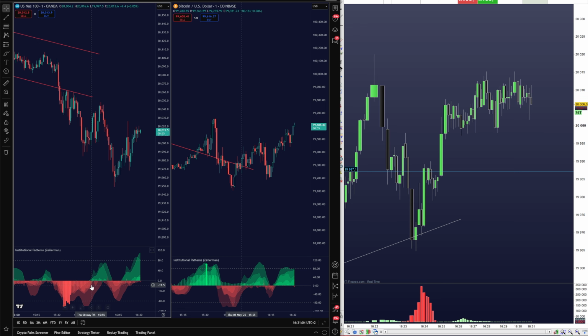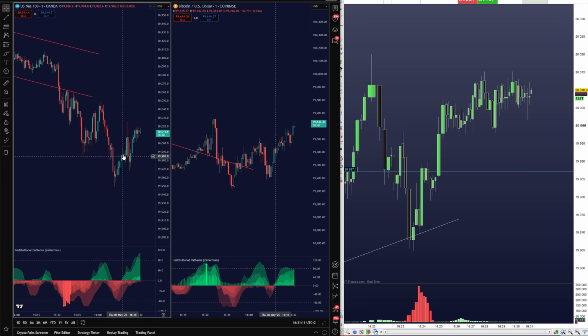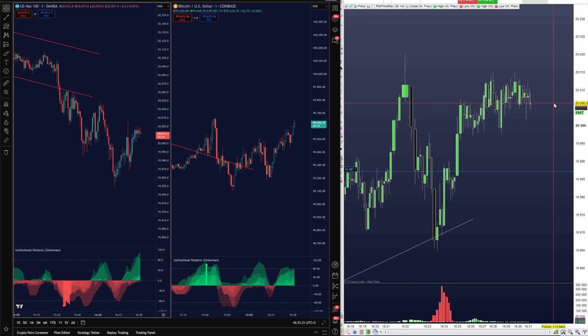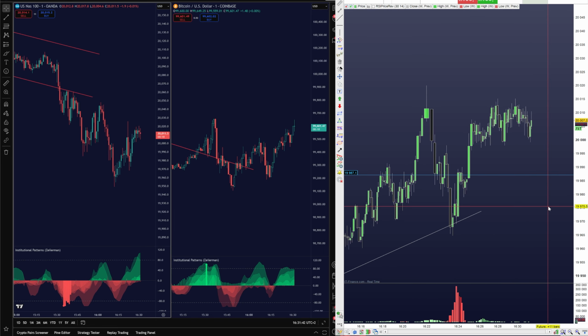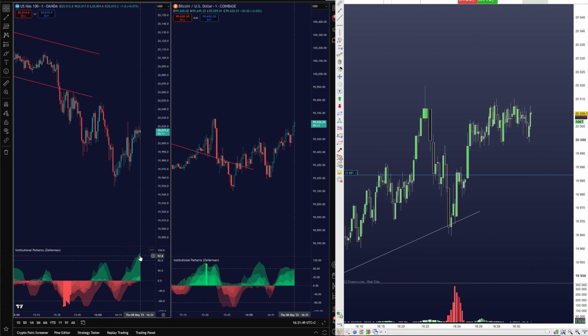If we look at this pullback, we didn't reach the overbought level, so this is a weak pullback, and this is a stronger pullback. So that is in favor of our long position right now. This is a good sign for me that this move we are seeing is strong enough.